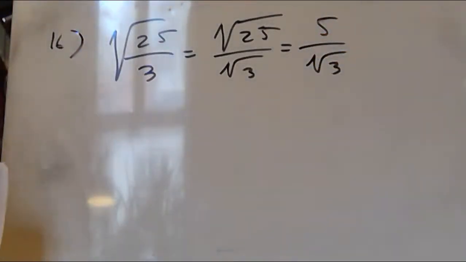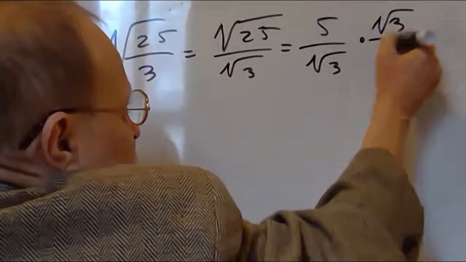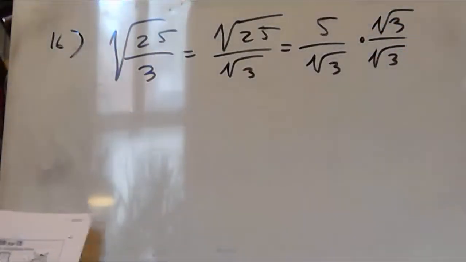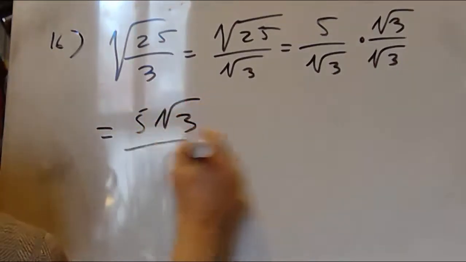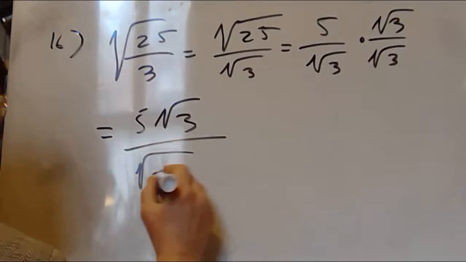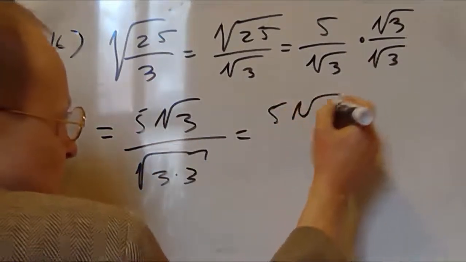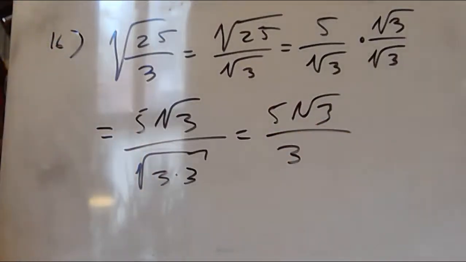But I'm still stuck rationalizing that denominator. There's no other trick I could use, so I'm stuck doing this in order to get rid of all that. And then I have 5 square root of 3, and of course 3 appears twice, so I have 5 square root of 3 over 3. And that's my final answer.